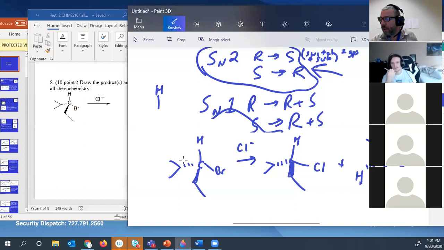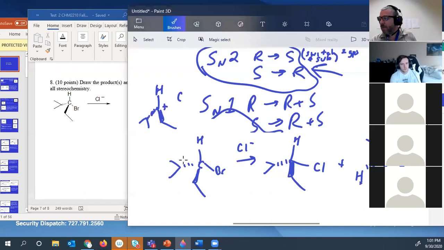So the first thing we get is this. So the bromine comes off, and then the Cl- can attack from either side, which is why we get two things of opposite stereochemistry.